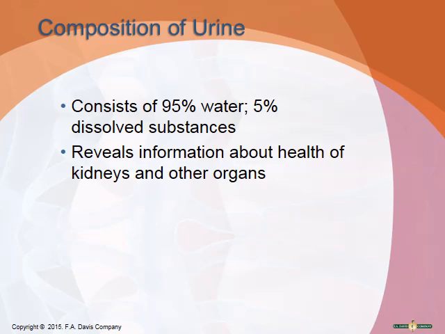Diabetes insipidus is a disorder where there is too little ADH. Remember, ADH tells our kidney to hold on to water. If there's little or no ADH, the body is going to be losing a lot of water, and that could be a problem. That's diabetes insipidus.